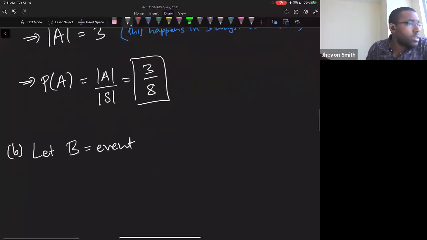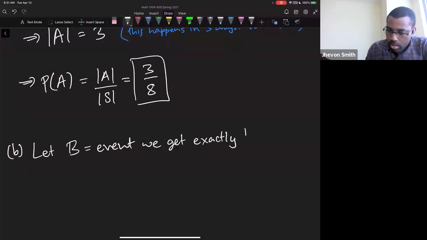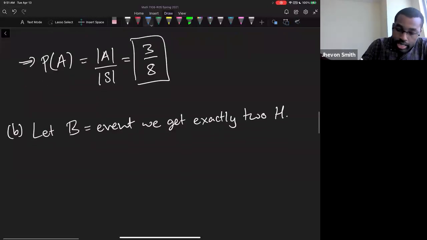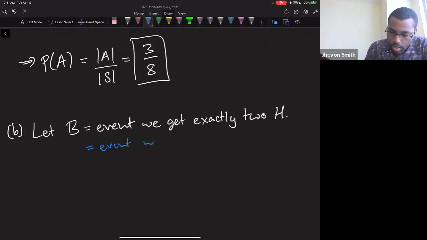B is the event. We get exactly 2 heads. You can notice that this is equivalent to the event we get exactly 1 tail.